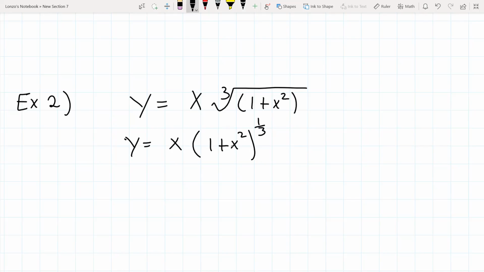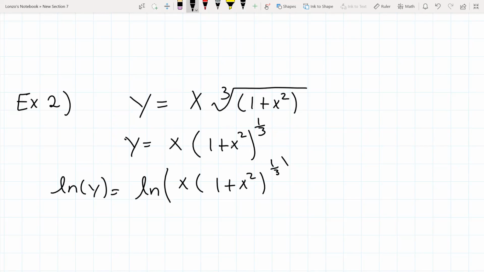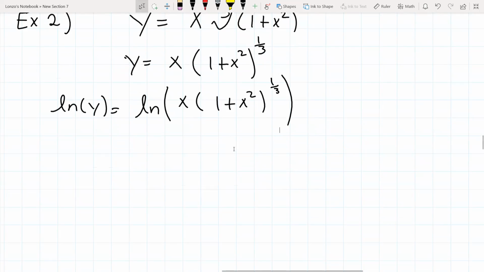Then you're going to take the ln of both sides. And then you're going to use your property of log before you take the derivative with respect to x.